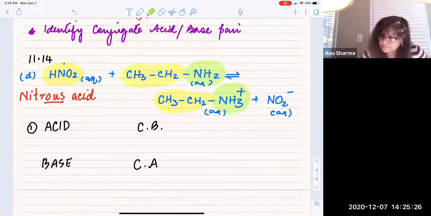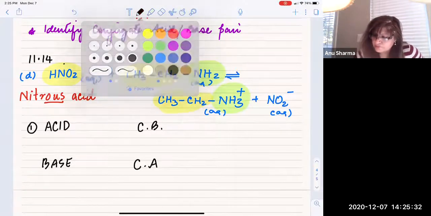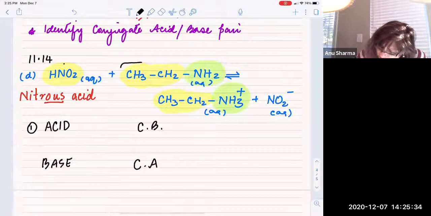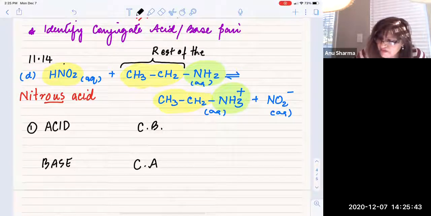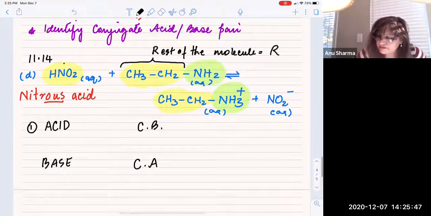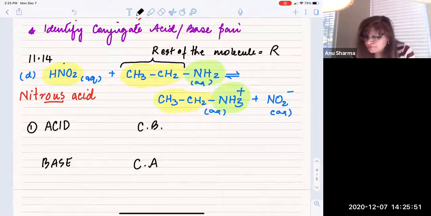Generally for organic compounds also, we can assume that these right here can be considered as R. R means rest of the molecule, and it can be shown as R because it's non-reactive. So we are only focusing on the NH2 becoming NH3 plus.